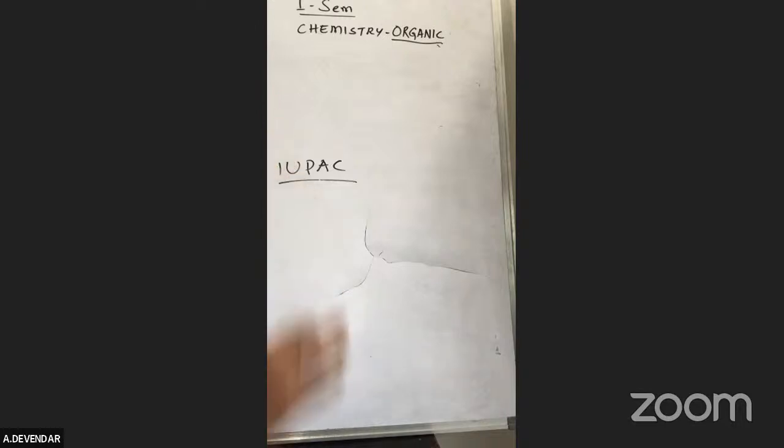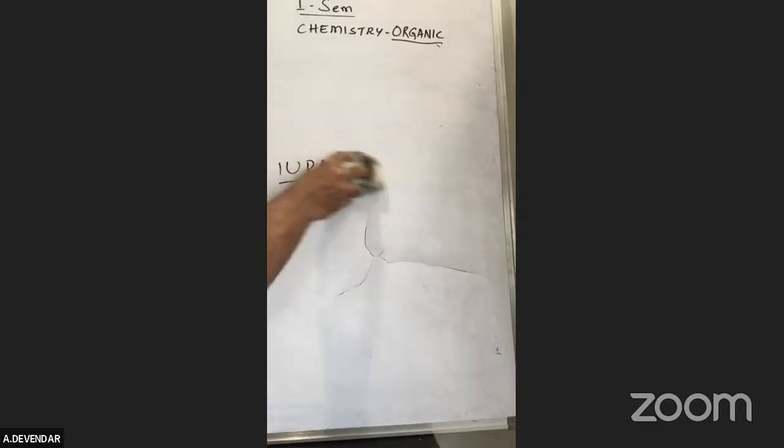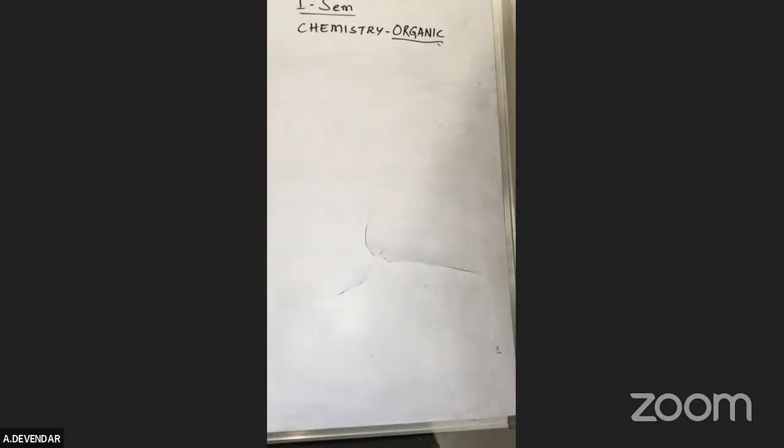The society members can study it, and only if they are satisfied can they announce the name of that organic compound. That is the society, the IUPAC nomenclature. What rules have they given? Let us discuss IUPAC nomenclature.